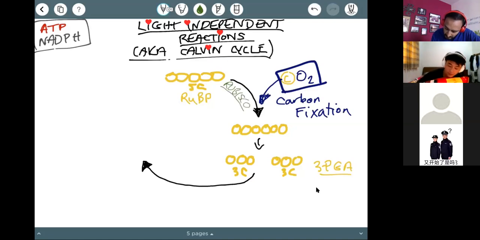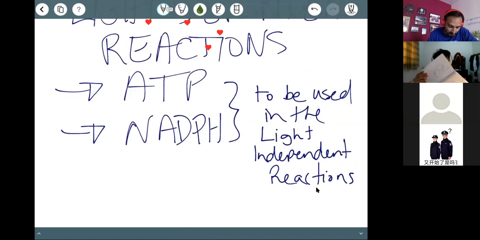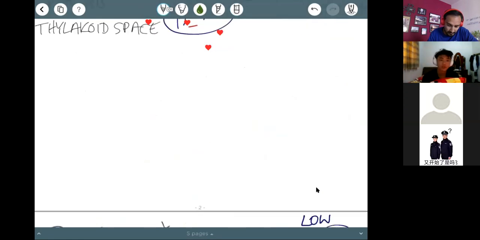Rubisco. And where does this occur? This is occurring in the stroma, right? Because remember the ATP was produced in the stroma and the NADPH was produced in the stroma. Stroma is the empty space, right?